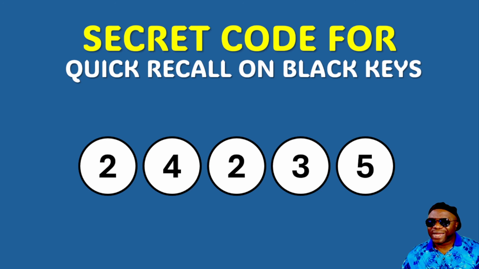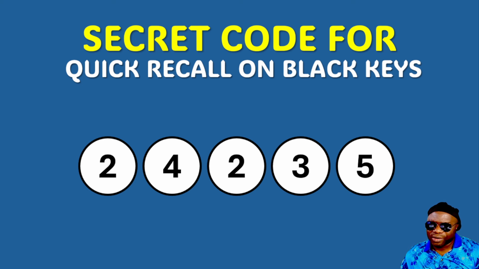Secret code for the black notes. So what exactly does this mean? You've probably figured this out. But what this means is, when you're taking a look at the black keys, like C sharp or D flat, the code is as follows. This time it's reversed.